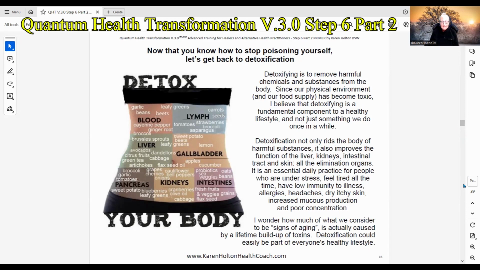Detoxification not only rids the body of harmful substances, it also improves the function of the liver, kidneys, intestinal tract, and skin, all the elimination organs. It is an essential daily practice for people who are under stress, feel tired all the time, have low immunity to illness, allergies, headaches, dry, itchy skin, increased mucus production, and poor concentration.